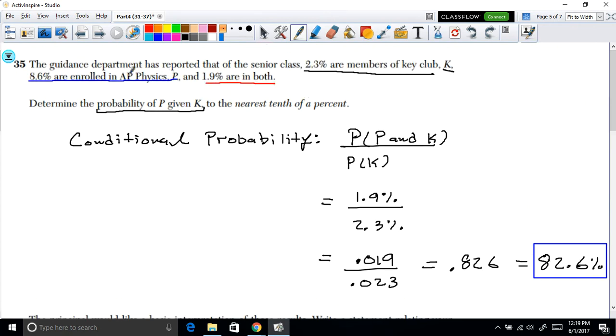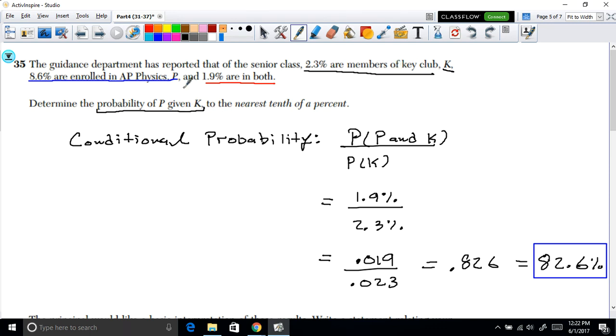It says P are those who are enrolled in AP Physics, and K are those who are enrolled in the Key Club. So what does that mean for us to find the probability of P given K? That means that given K, which is the K Club members, if we're looking at the K Club members, what is the probability that they're also in AP Physics?